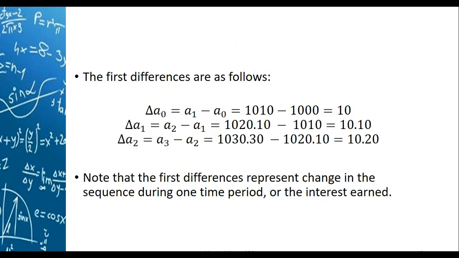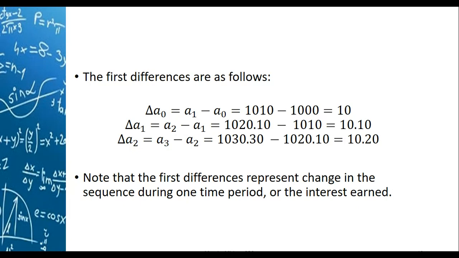So what happened to this? You can see over here, we follow the same principle from the earliest formulation. The first difference that we have is 10. That makes sense, right? But you now see the second difference, it's increasing a little bit, right? It increased by 10 ringgit and 10 cents, not 10 ringgit anymore.